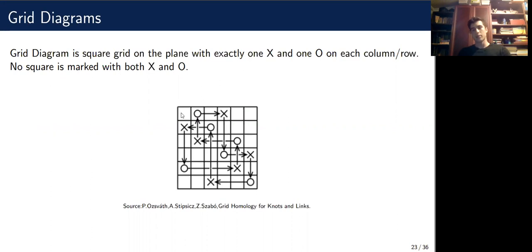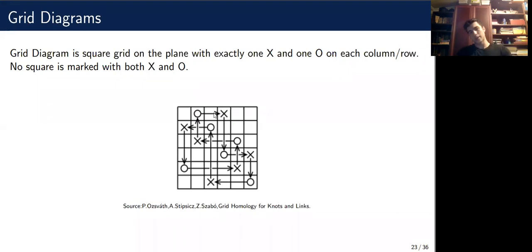Given a grid diagram, the corresponding knot can be drawn as follows. First, we draw oriented segments from X to O in each column. And then we draw oriented segments from O to X in each row, with a convention that the vertical ones are always over the horizontal ones. And the resulting shape will be a knot.